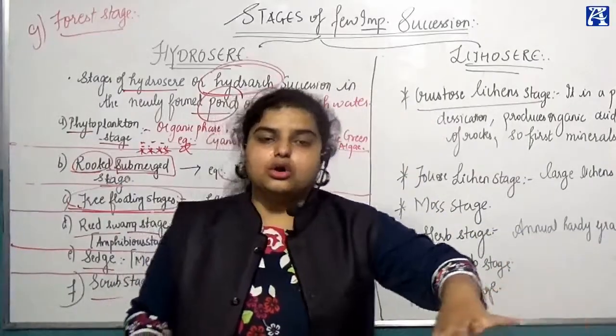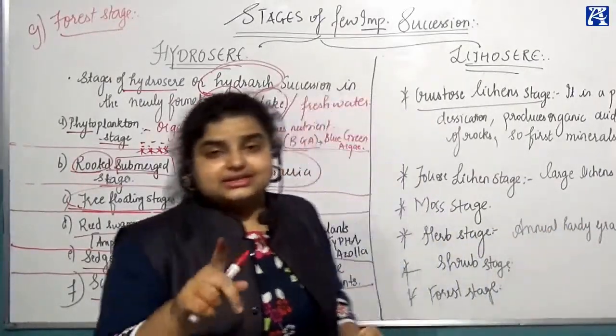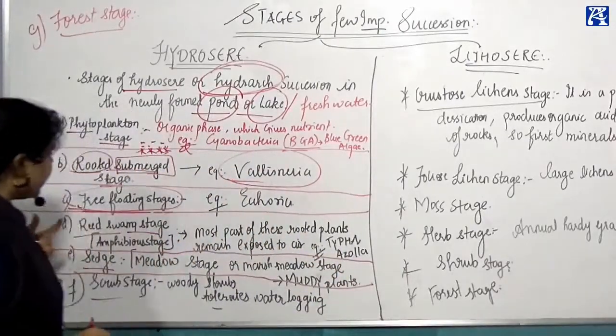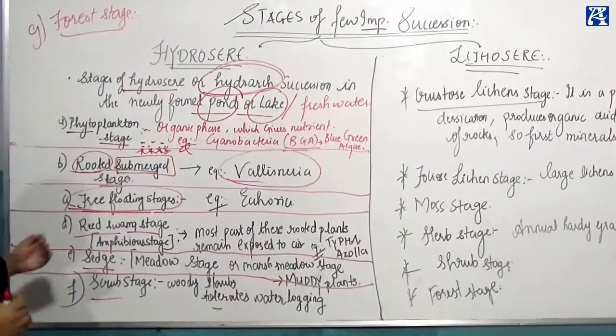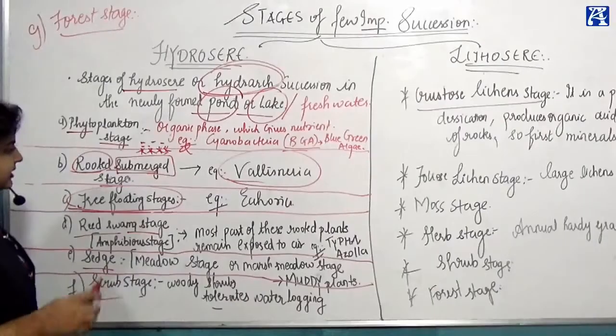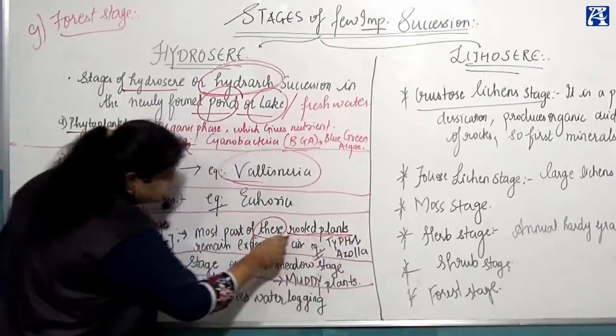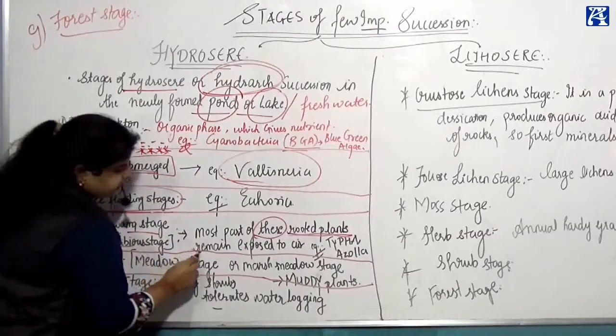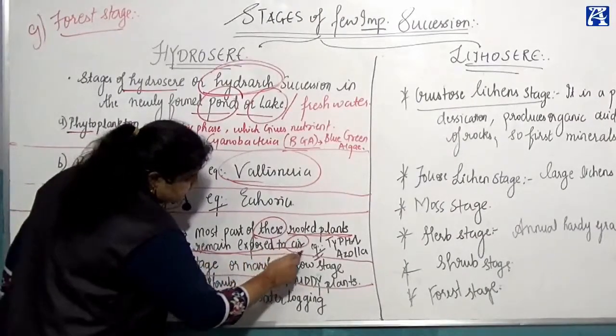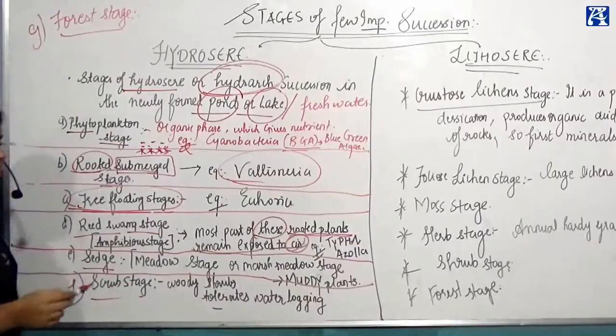That is called freely floating. After freely floating, there comes a moderate way. That is, most part of the roots of plants remain exposed to air. They are now exposed to air.